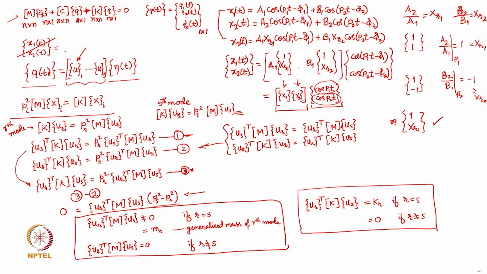They result into these interesting outcomes where Kr here is called the generalized stiffness. Kr is called the generalized stiffness in the Rth mode, similar to Mr, which is the generalized mass in the Rth mode.